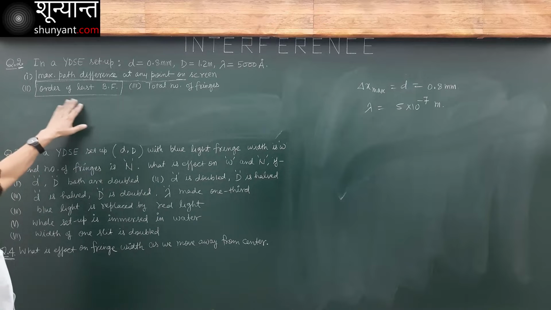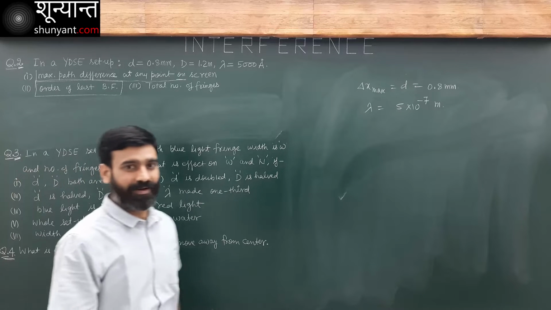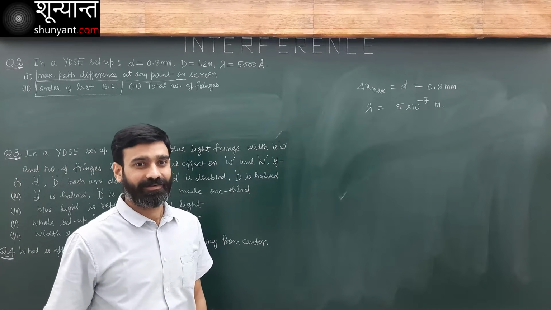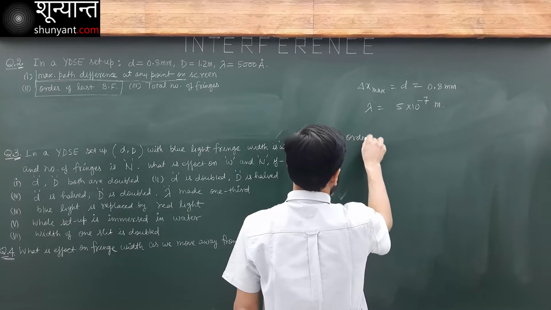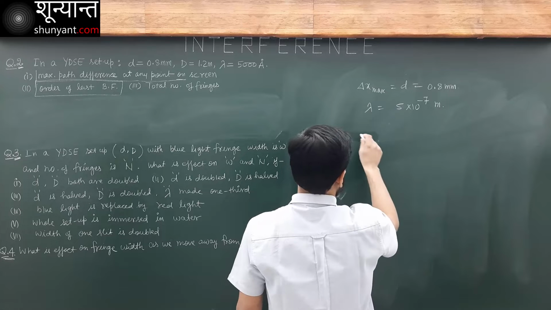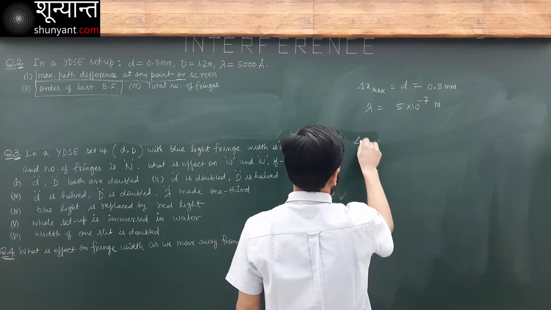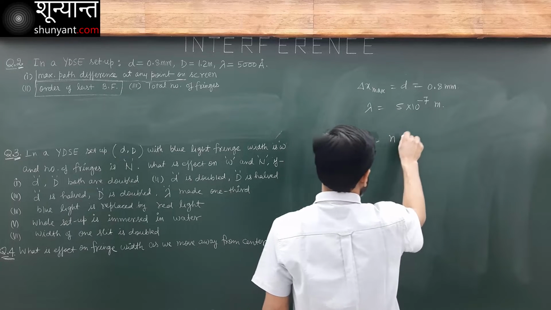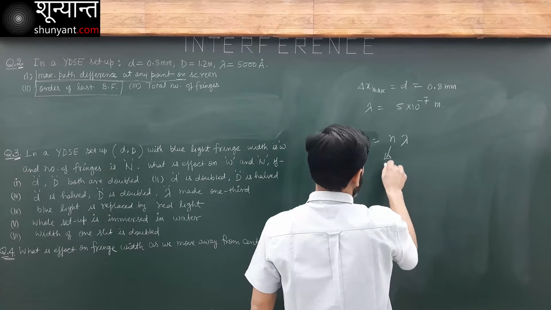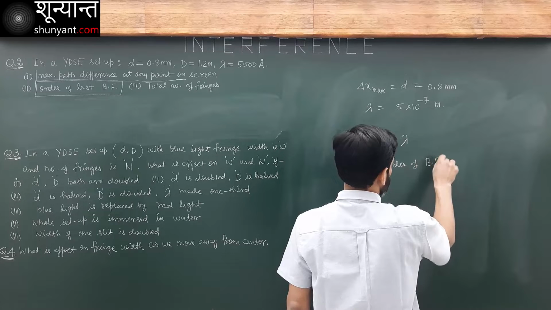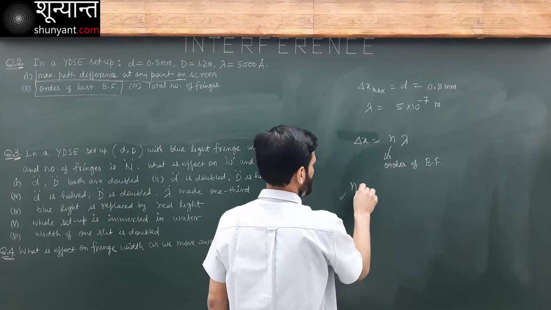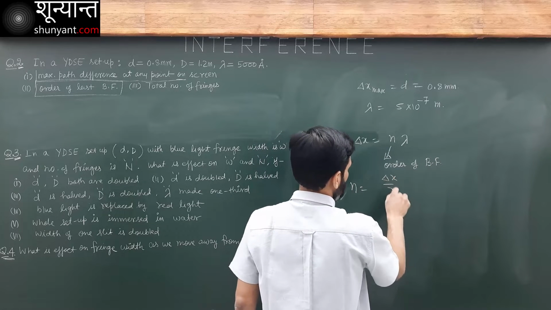What will be the order of the last bright fringe? Delta x is equal to n lambda, where n is the order of the bright fringe. So n will be delta x over lambda.